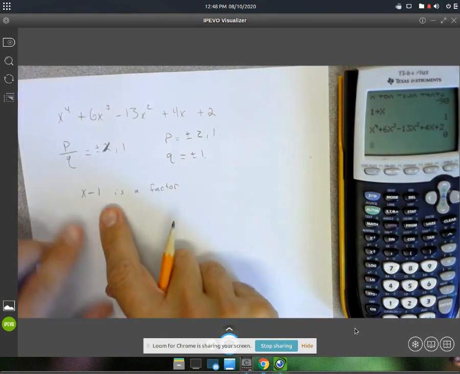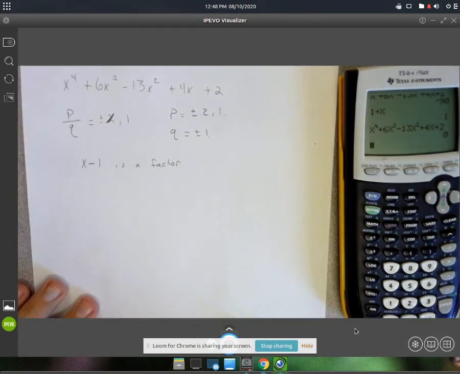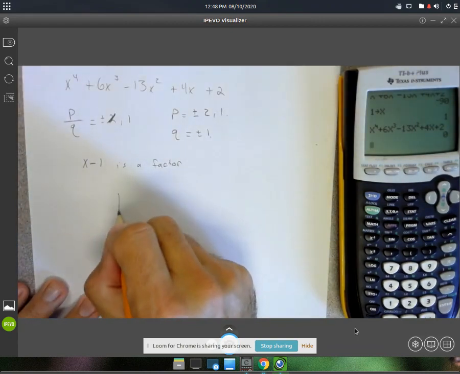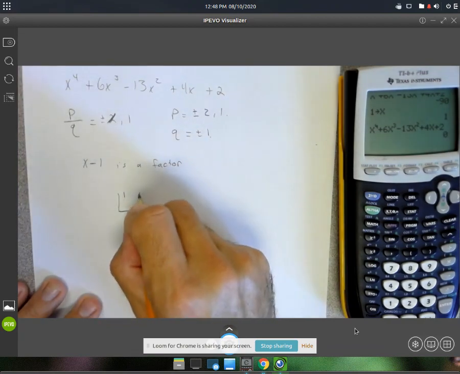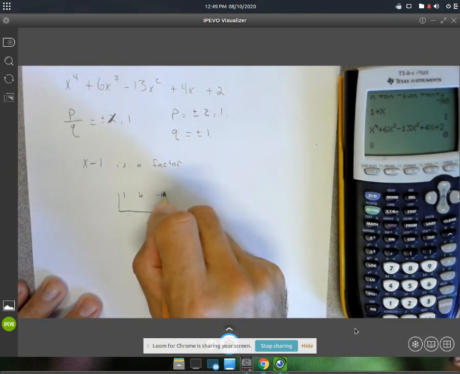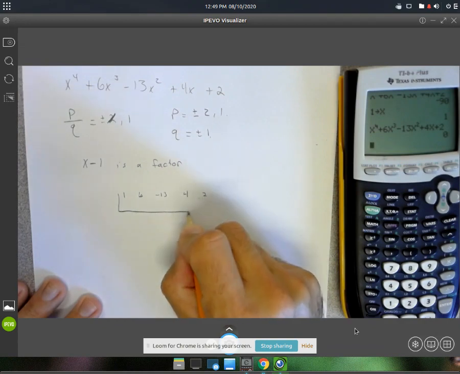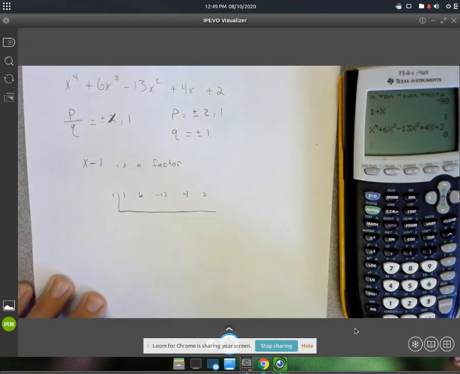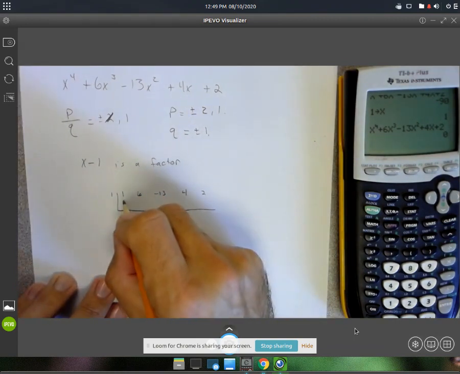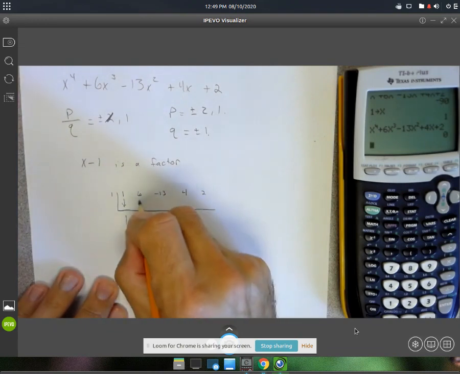All right, so we're going to divide this polynomial by x minus 1 using synthetic division. So I've got 1 for my coefficient, a 6, negative 13, 4, and 2. And my number on the outside is going to be a positive 1. Bring the 1 down. 1 times 1 is 1.